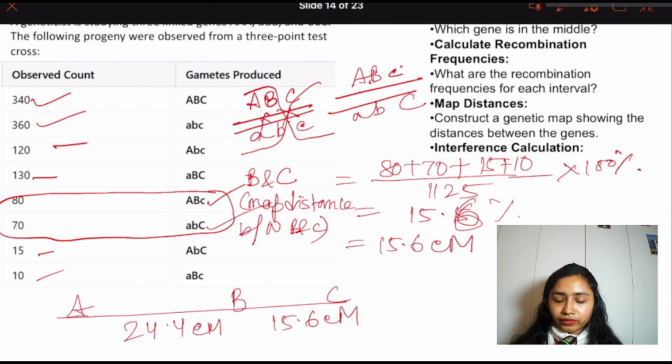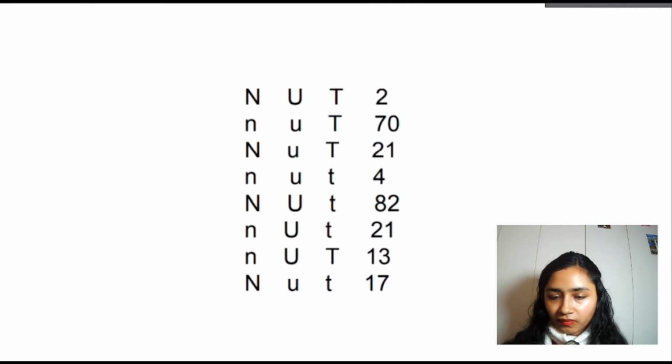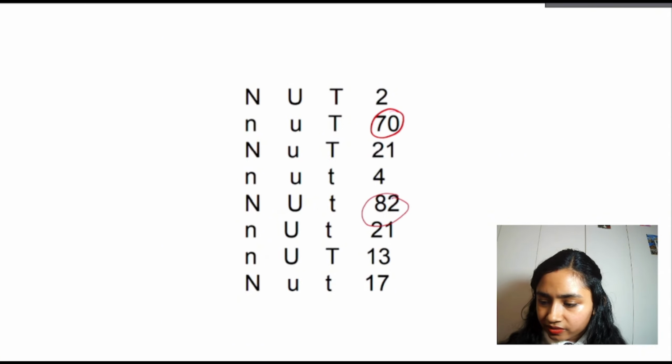So I hope you understood this type of problem. Here is another problem, same type of problem. Here again you have to find out first the NCO class. Here you can see 82 is the large number, 70 is the large number.